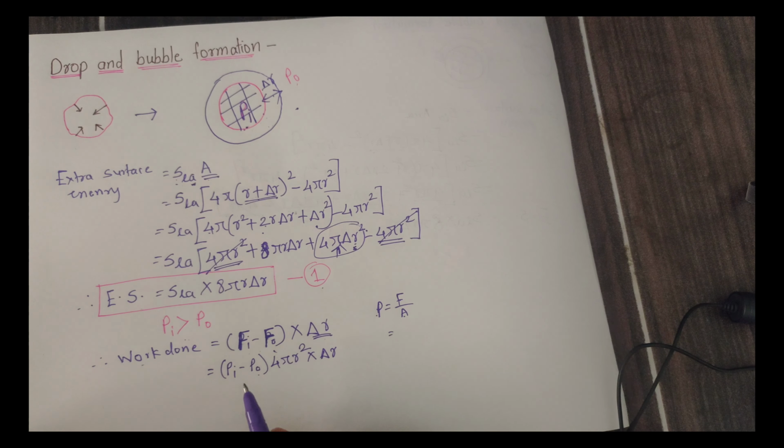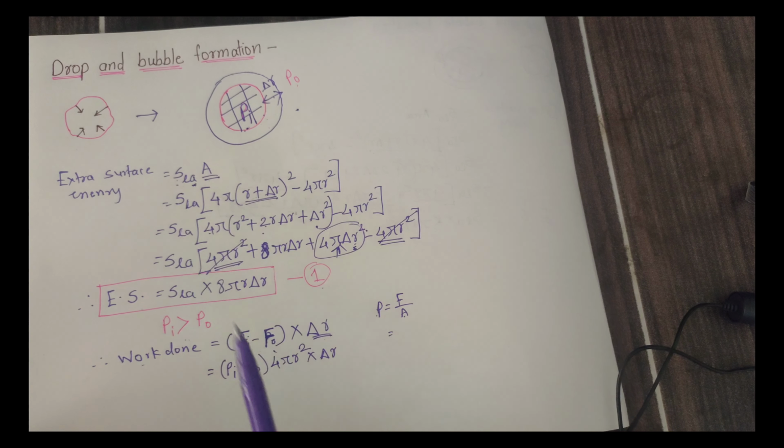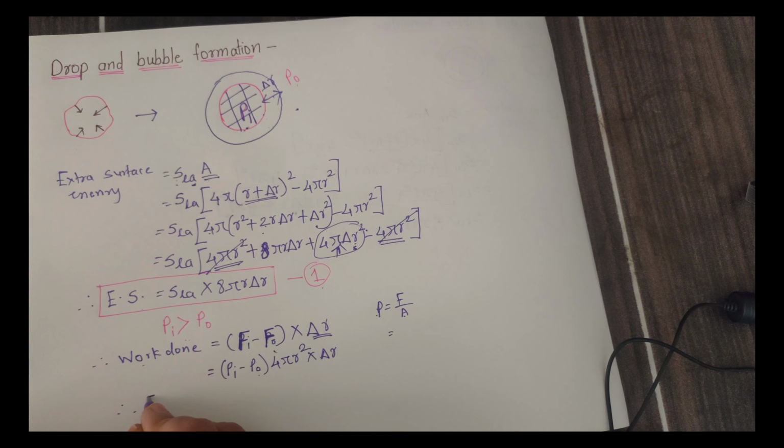As we have discussed, work done is stored in the form of extra surface energy. If the drop is in equilibrium, then we can write extra surface energy is equal to work done.